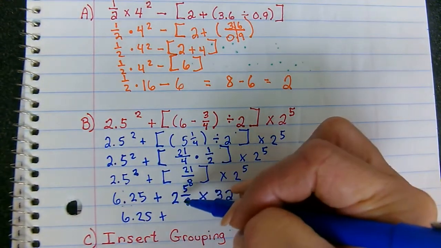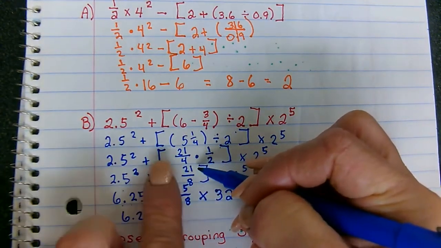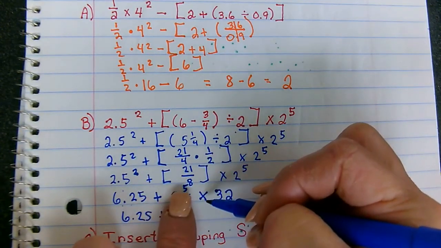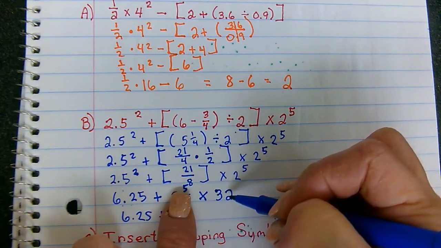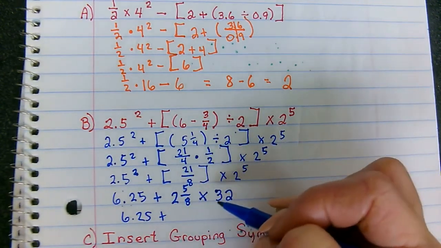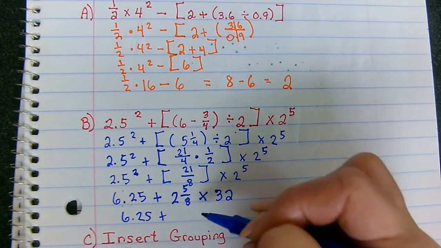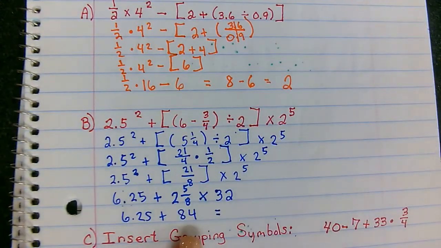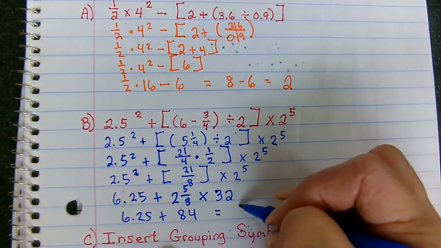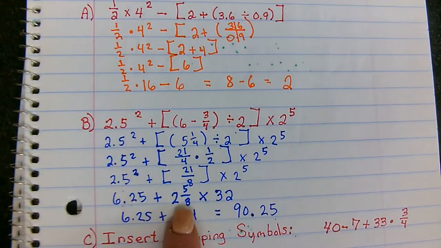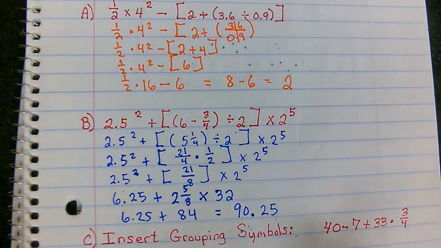So if I didn't want to change this yet, I could go back to here and do 21 over 8. 8 goes into itself once and into 32 4 times. And 21 times 4 is 84. 6.25 plus 84 equals 90.25. So I could have skipped that step and not made that an improper or a mixed number yet. And that's my final answer.